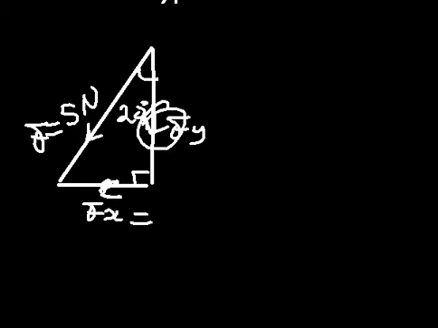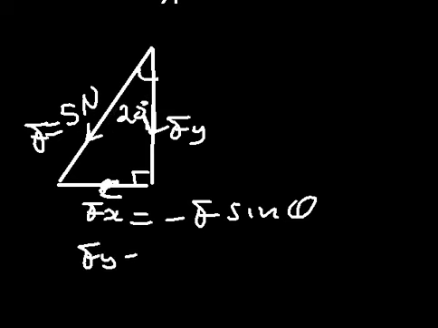Since all components are going towards the negative, the components will be negative. So I'll have Fx as negative F sin theta, because the angle is against the y-axis, and Fy being given as negative F cos theta. So take note of that.